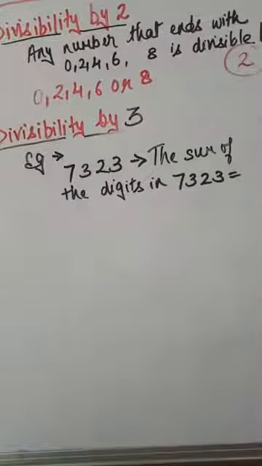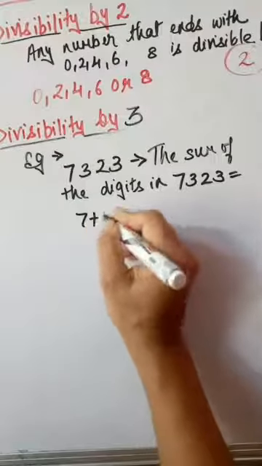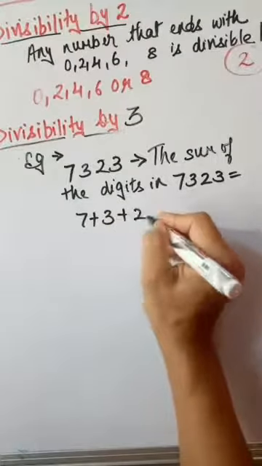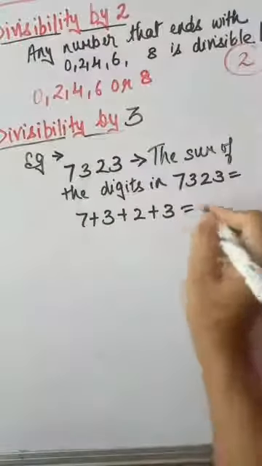Yes, very good. So what we are going to do? We are going to find out the sum. 7 plus 3 plus 2 plus 3. So the answer is 15.